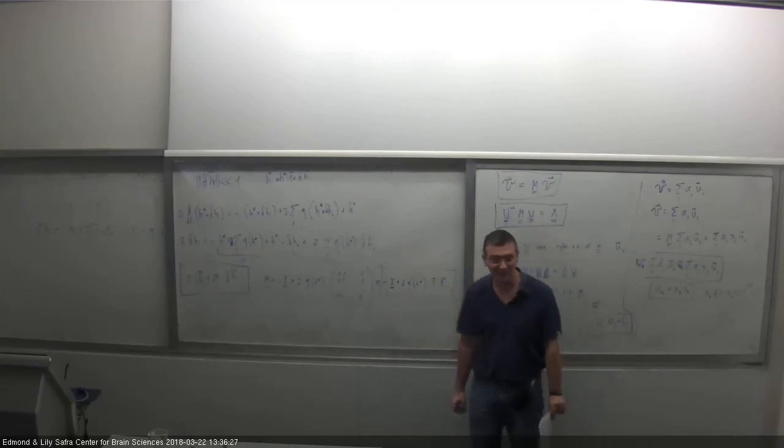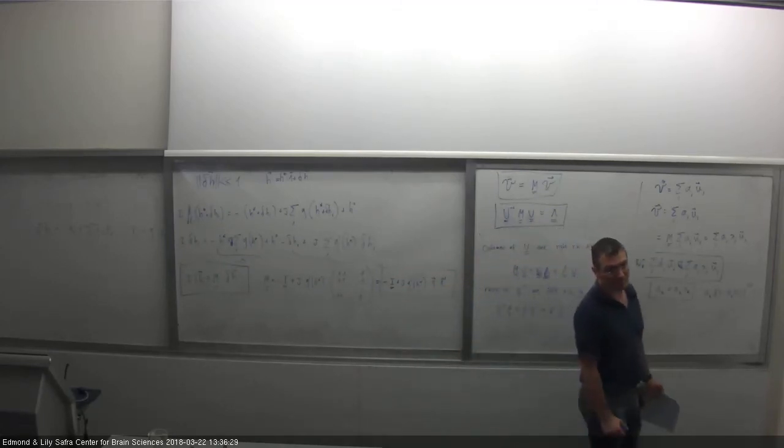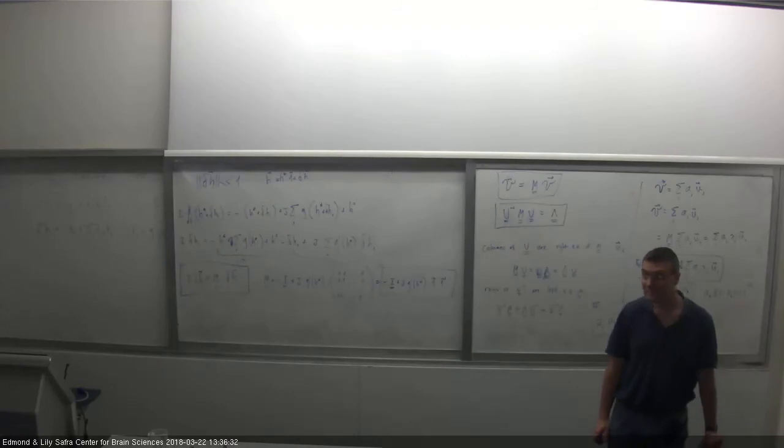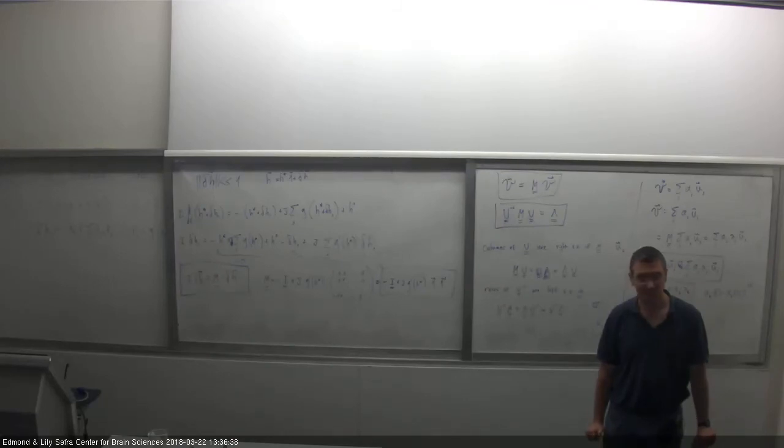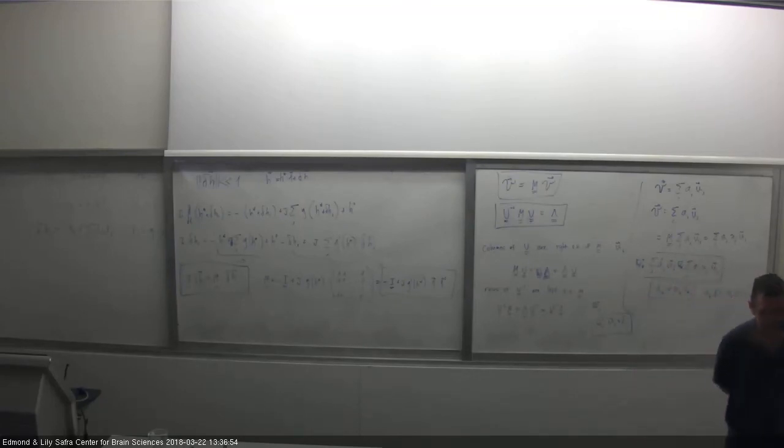What are the eigenvalues of the identity matrix? And what are the eigenvectors? I'm sorry? Yeah? So what are the eigenvectors of an identity matrix?